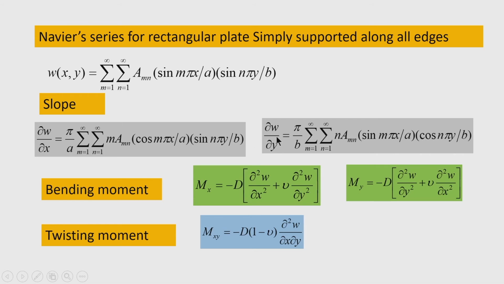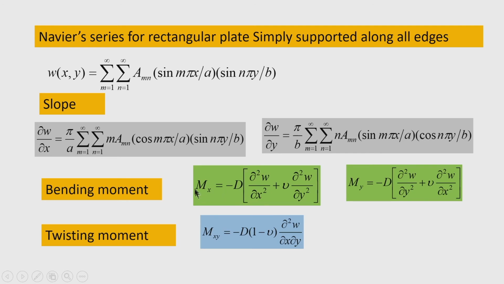Similarly, the slope in the y direction is del W by del y equal to pi by B summation, m equal to 1 to infinity, n equal to 1 to infinity, n a m n sin m pi x by A cos n pi y by B. Bending moment has to be calculated utilizing the second derivatives.